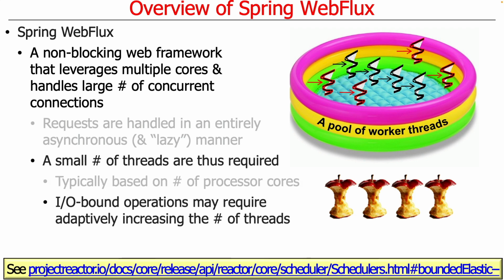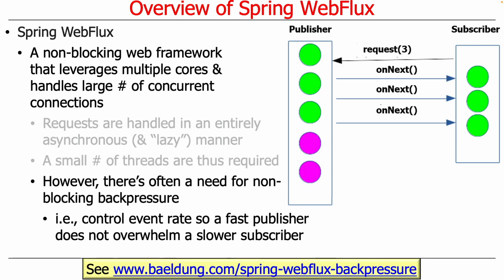When you have I/O-bound operations, remember that may require the infrastructure to adaptively increase the number of threads. The way that's done with Spring WebFlux and Reactor is by using some of the schedulers we've talked about, like bounded elastic, which can grow or shrink depending on whether threads are blocking or not.